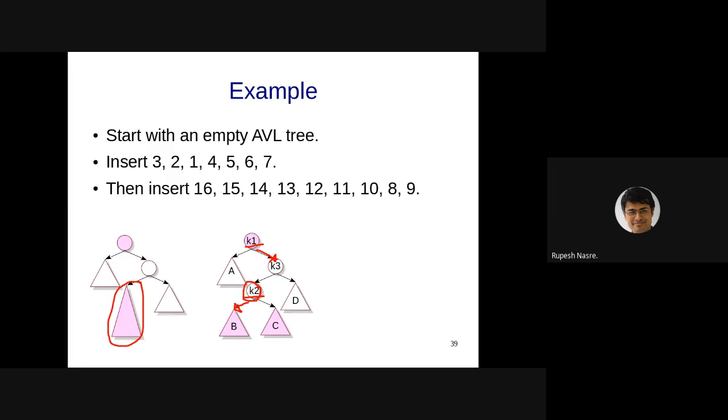Salman also says the same. And ABCD comes at the bottom. Murari also says the same. A continues to remain the left child of K1, but K1 will now adopt B from K2. And then K2 is going to have K1 and K3 as its left and right children.